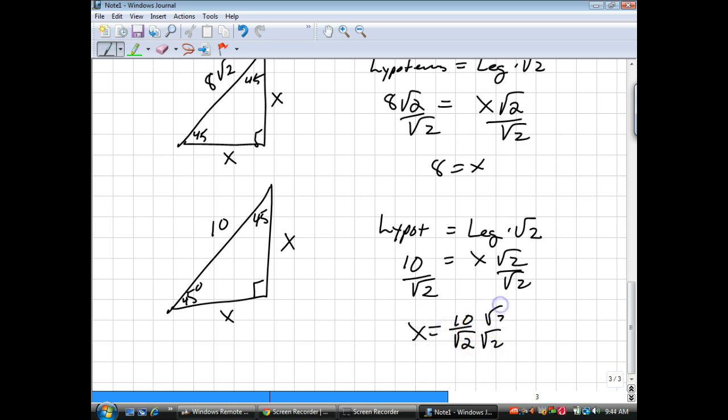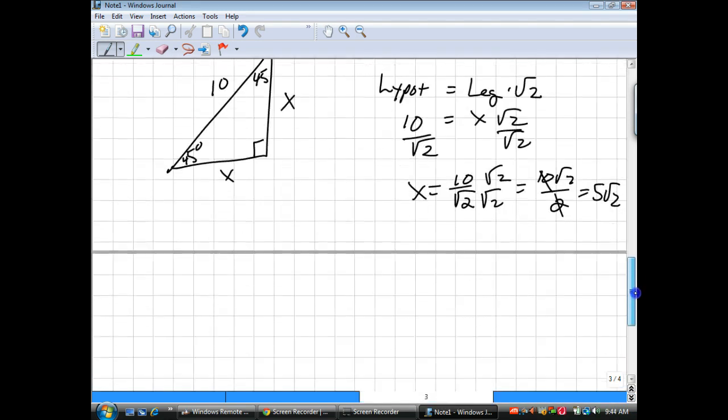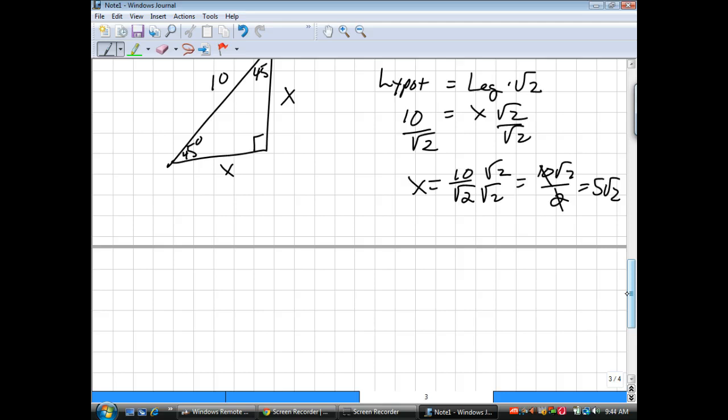But we can't leave the radical in the denominator, and we can reduce. So we get 5 square root 2. Each leg has to have been 5 square root 2. Basically, the theorem says that the hypotenuse is equal to the leg times square root 2 in a 45-45-90 triangle.